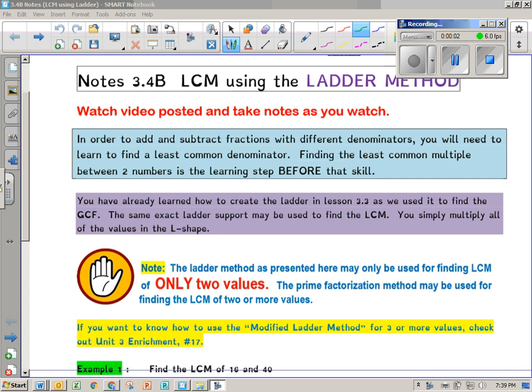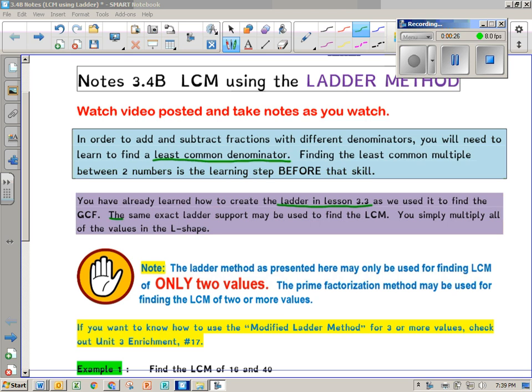Okay, I promised to come back and teach you how to find least common multiple using a different method, the ladder method. Same as before, we need this to help us learn how to find a least common denominator when we start working with fractions. You've already learned how to create a ladder in lesson 3.3, and we used it to find the GCF.